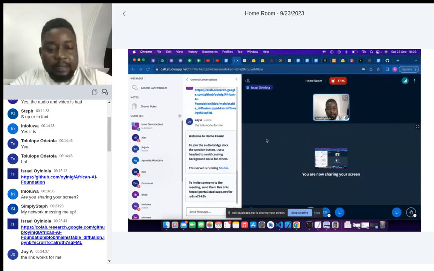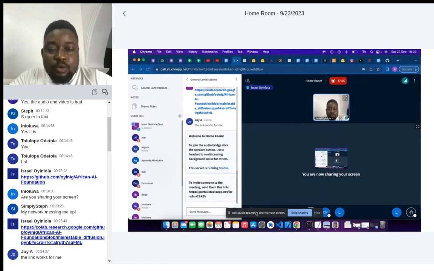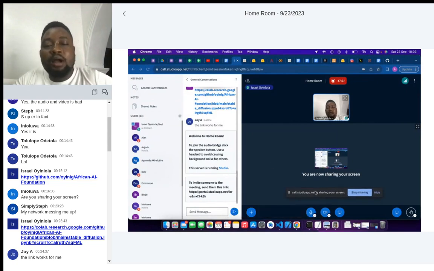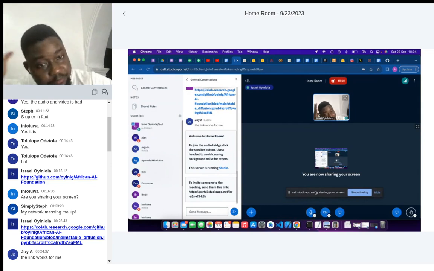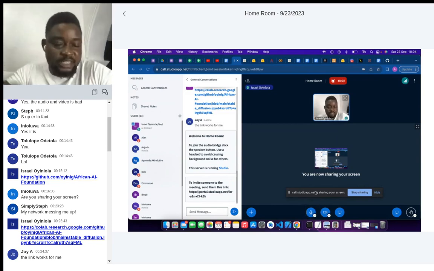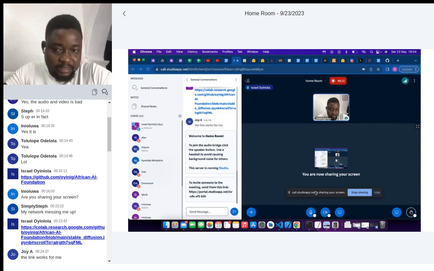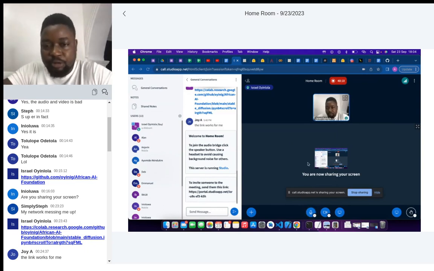All right. So I was explaining the idea behind all these diffusion models. Once you have a model that is fully trained, you can now pass it a text prompt, and then it generates an idea of what it thinks represents that particular image.